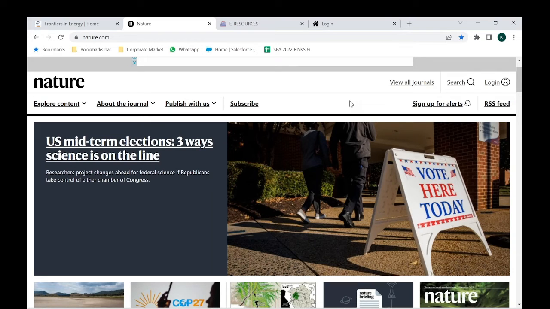So Nature, as I mentioned, is another one of our major platforms or websites that, through the grace of the library, has actually brought access to you as a UTHM user. For one thing, Nature, like I mentioned earlier, is the world's premier, of course we're a bit biased, multidisciplinary journal.